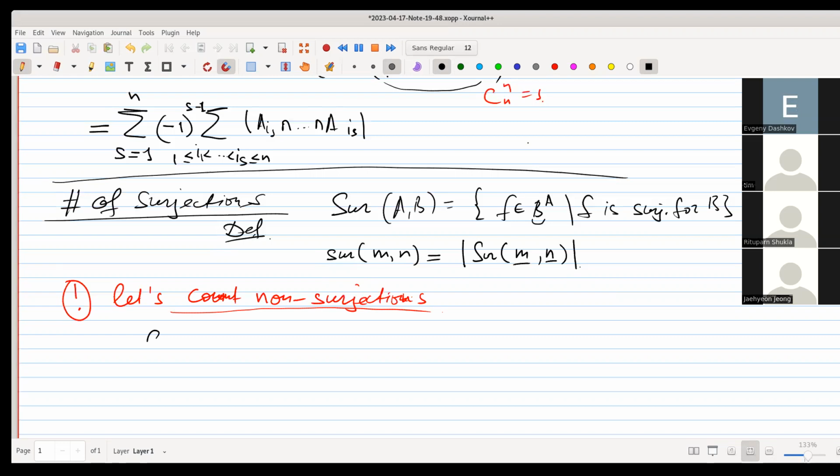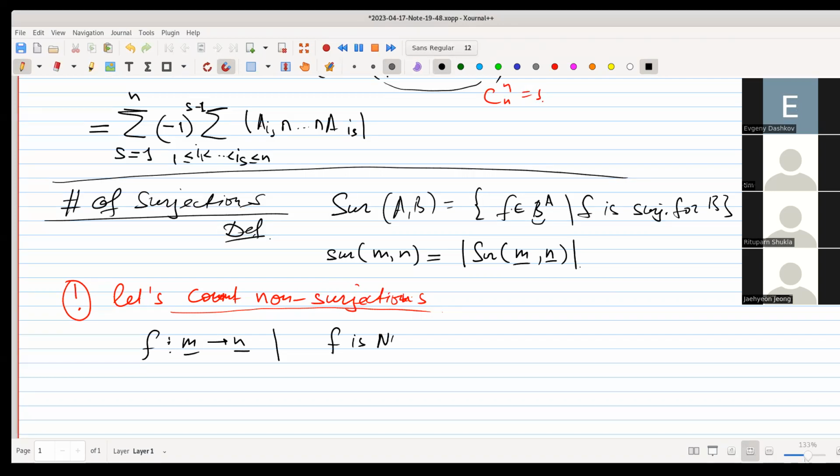Assume that f is a function from M underlined to N underlined, and it is not surjective.